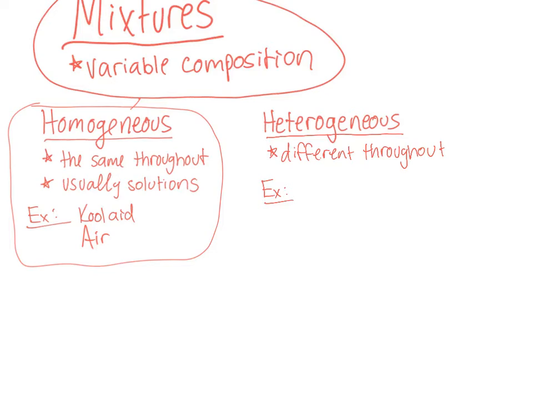But if in that moment I were to take a small sample anywhere within that bottle, would it always be made up of the same thing? Absolutely not, right? Because some of it is sand, some of it is water, and they are not necessarily mixing together. And they're certainly not mixing together in an even way where it would be the same all the way throughout it. So this would be an example of a heterogeneous mixture.